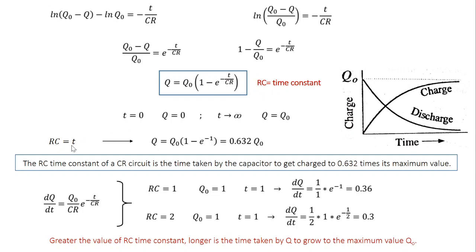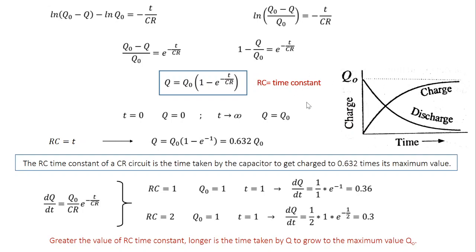Suppose you put t equal to RC, then this equation q = q0(1 − e^(−1)), substitute for e, you get q equal to 0.632 q0. So you can define the RC time constant as the time taken by the capacitor to get charged to 0.632 times its maximum value.